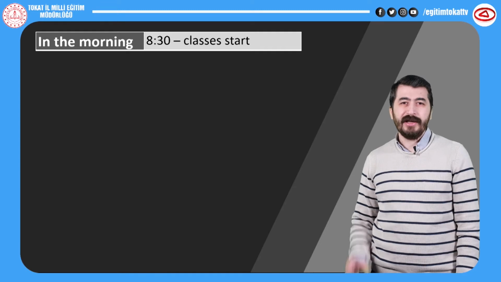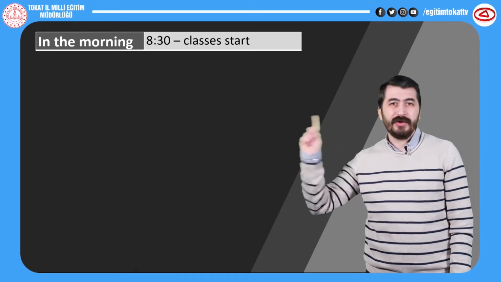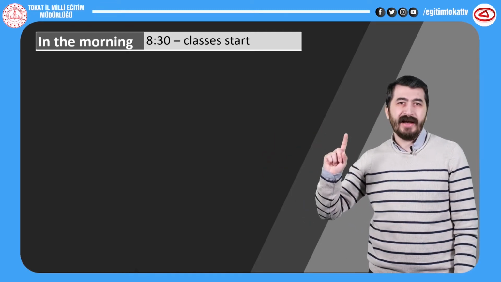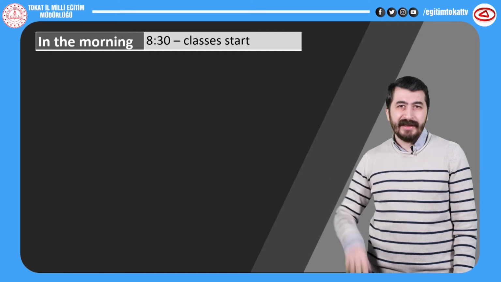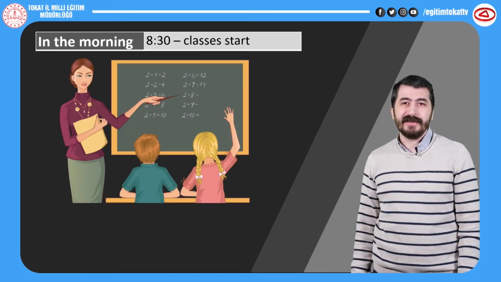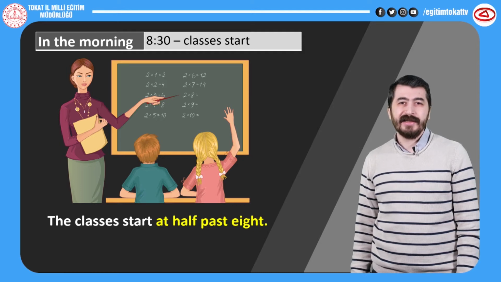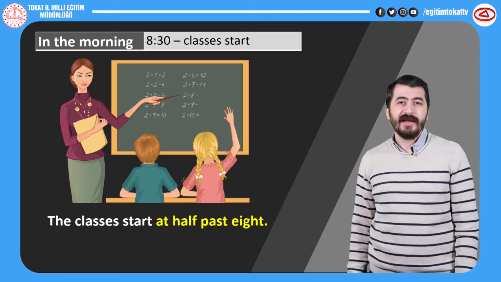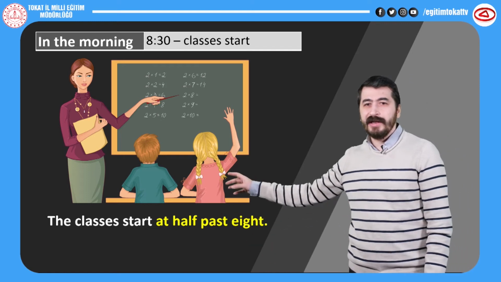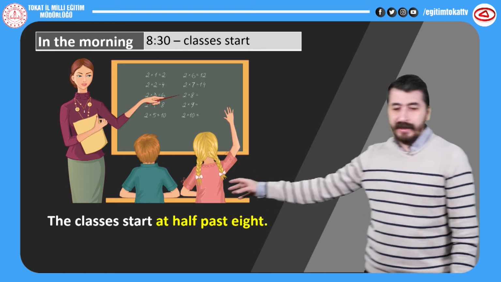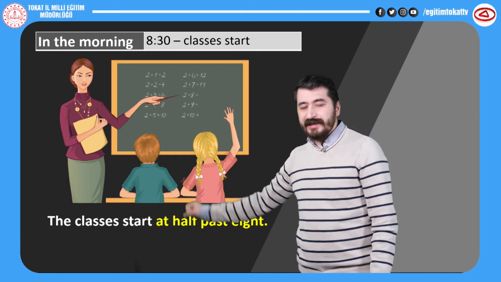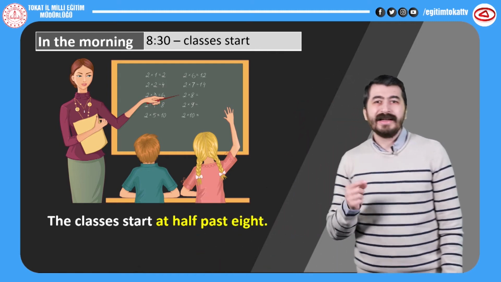8:30. You can use the digital way, 8:30. Classes start. Let's make a sentence. The classes start at 8:30. Focus on here. We don't say starts, no. Why?